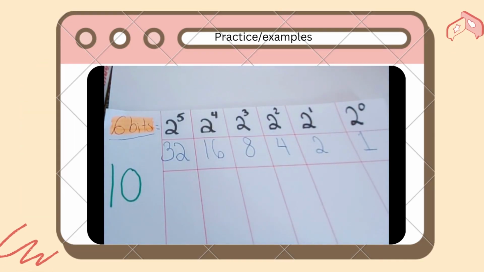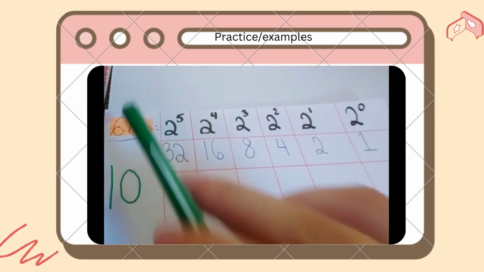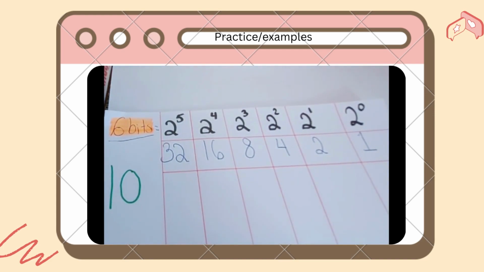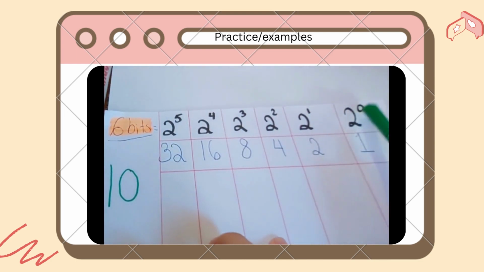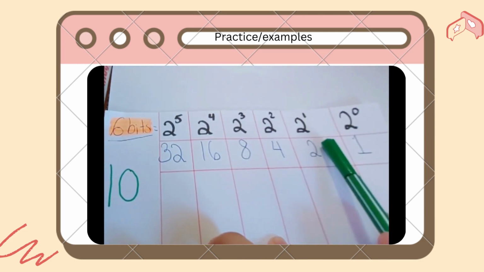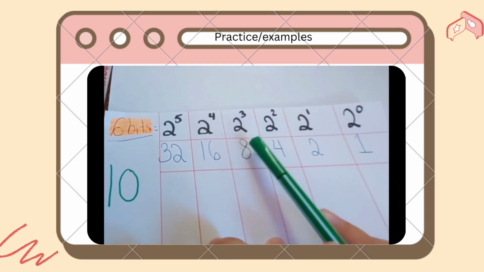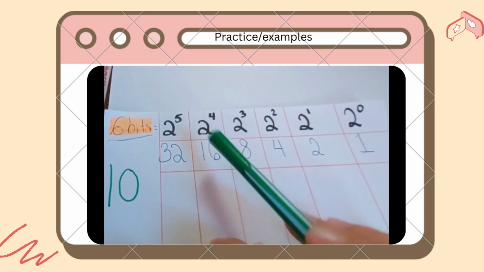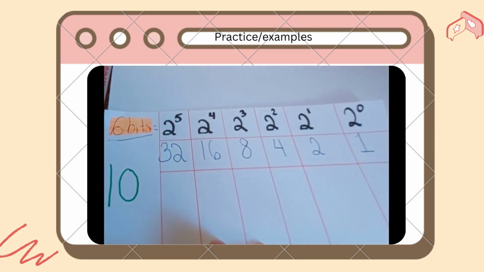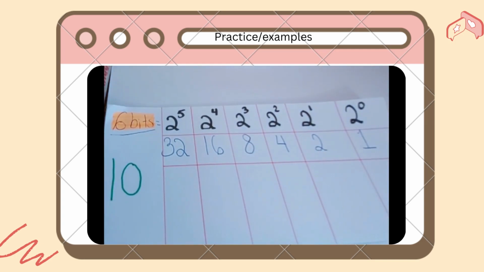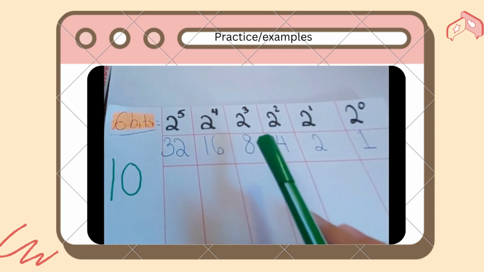For these practices, we will only use 6 bits. Note that bits are just the amount of columns you use. So this is one column, the second column, the third column, the fourth column, the fifth column, and the sixth column. In order to get the binary number, you must find the number on the table.